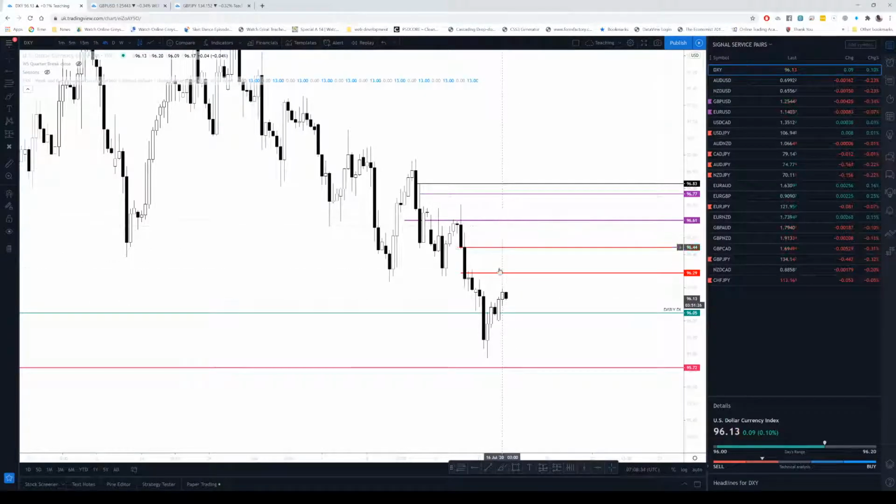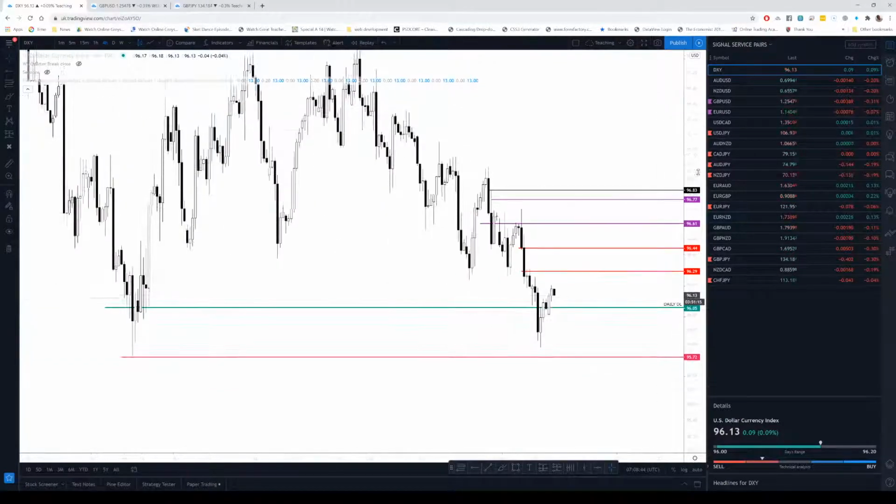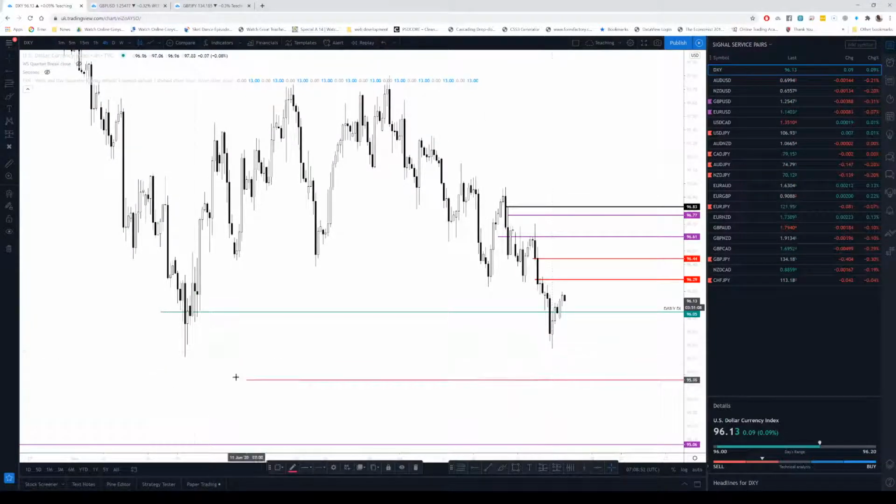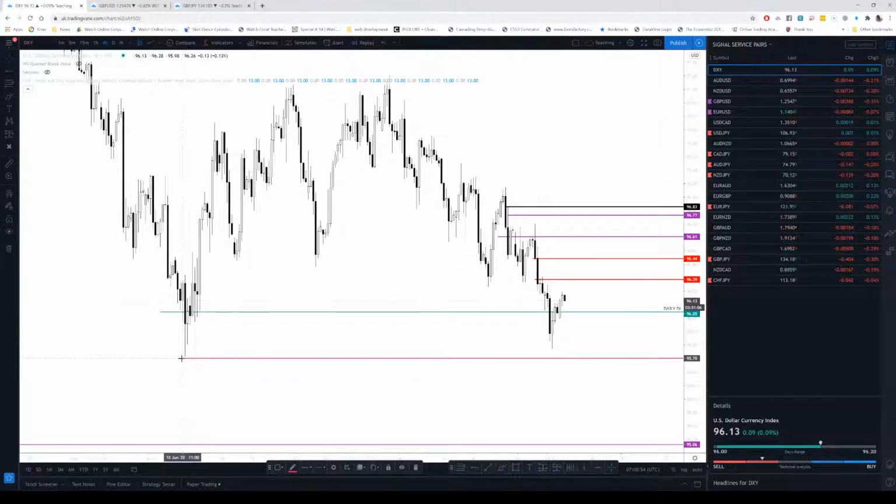And if we do get this push up a little bit, then we can see the foreign currencies go down a little bit more before the continuation to the upside. I could be wrong, and they could use this low and that low as equal low and drive price all the way back up again.